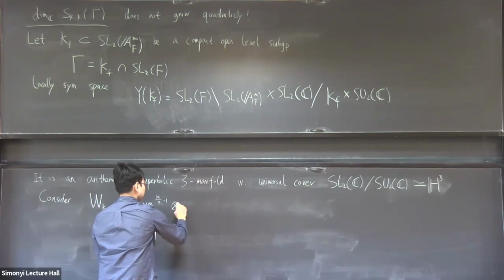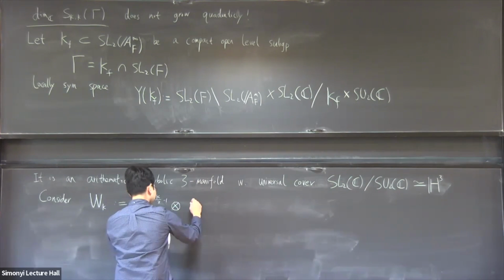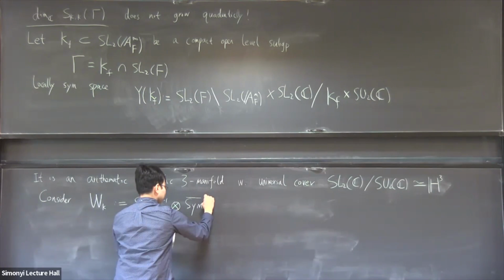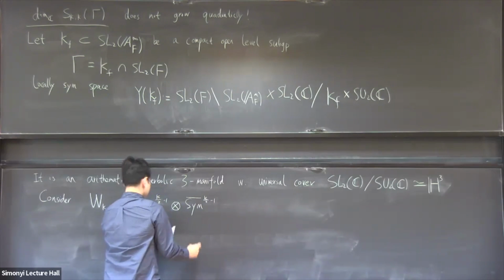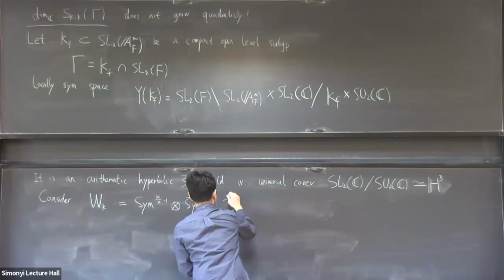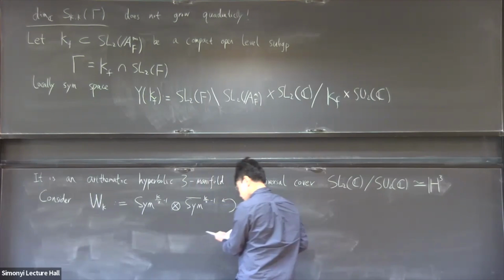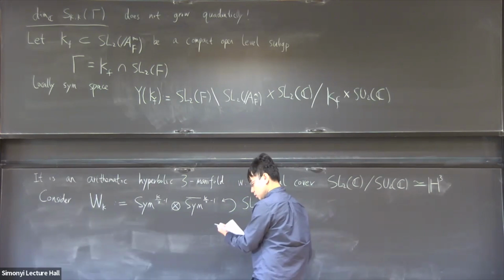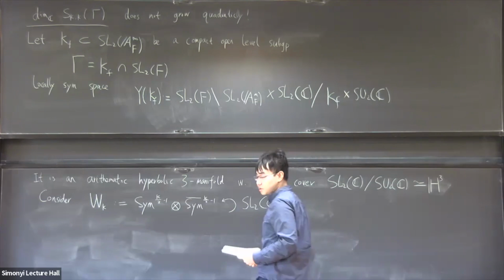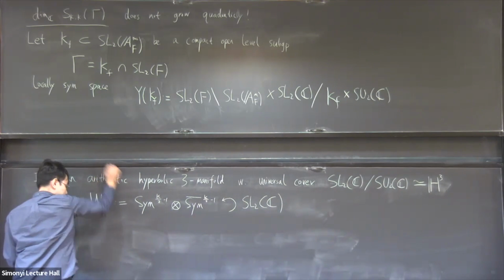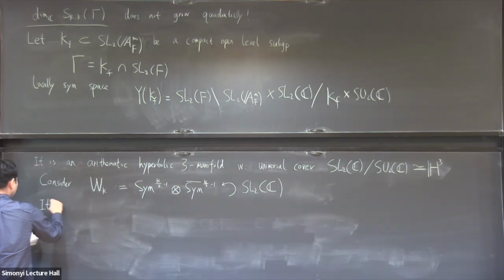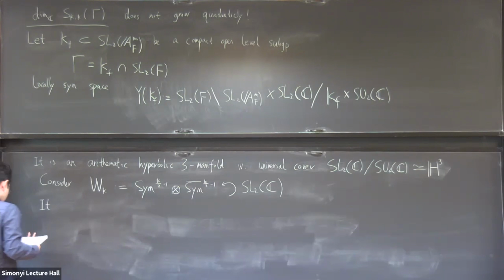It is a holomorphic representation tensored with its anti-holomorphic part, and they should have the same index. This representation descends to a local system on our hyperbolic three-manifold.